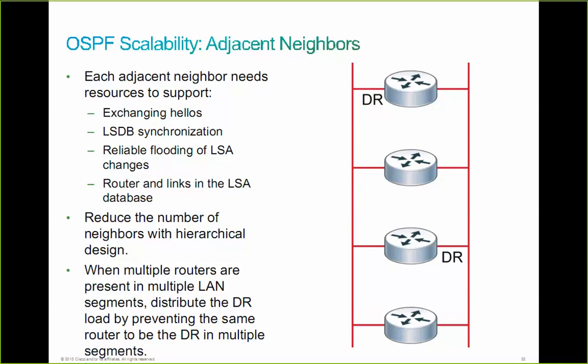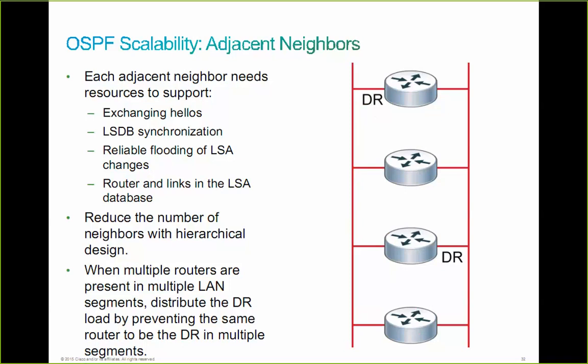So a Type 1 LSA is called what? It's called a router LSA. A router LSA is generated by whom? Who generates Type 1 LSAs? The router in the area itself. Every router does.